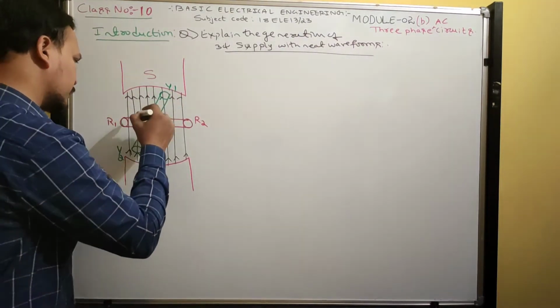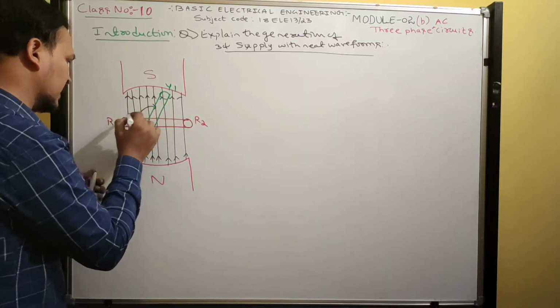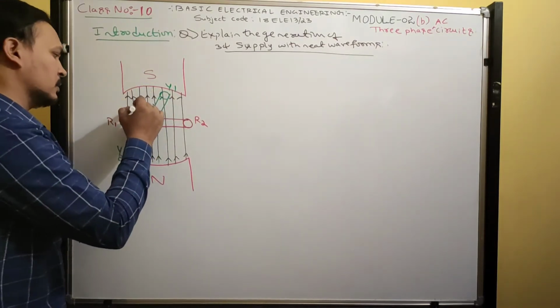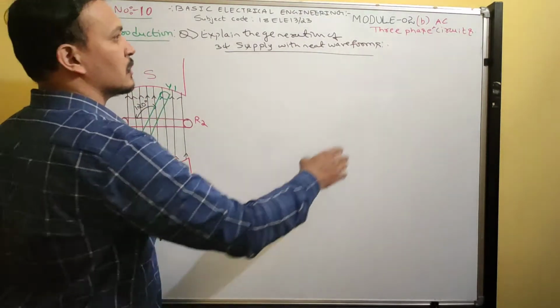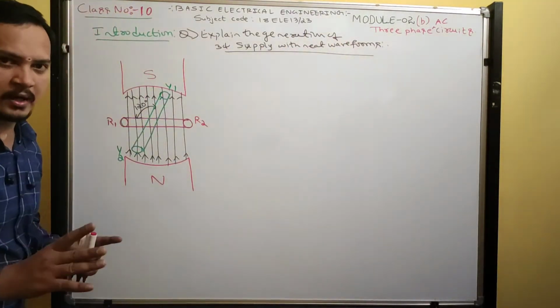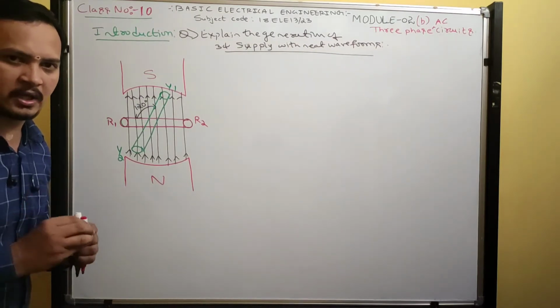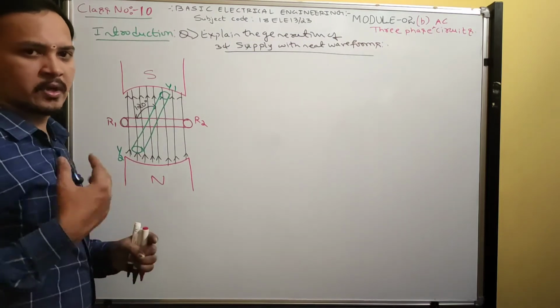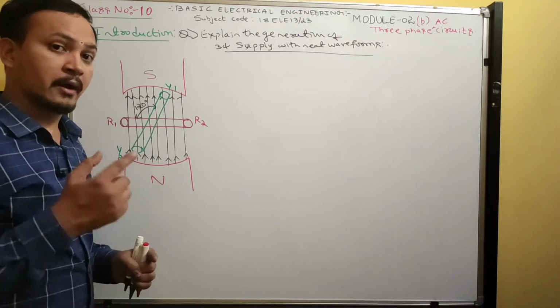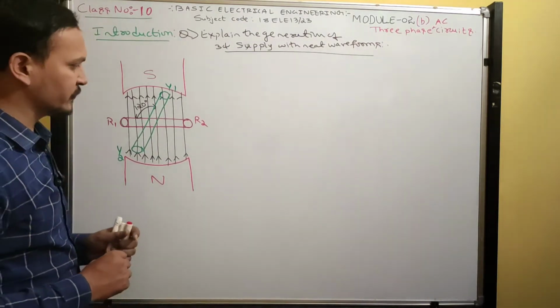The angular displacement between the starting ends R1 and Y1 is 120 degrees. As I said, for a three-phase supply system there are three windings. All the windings are displaced by 120 degrees with respect to each other, and they induce voltages having constant magnitude and frequency, displaced by 120 degrees with respect to each other.